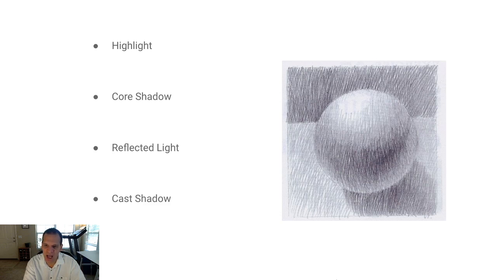That core shadow is that black area, and pretty much everything around you has a core shadow. When you create it, you add that three-dimensional form. Underneath that core shadow, you have reflected light, which is what it sounds like: the light reflecting from the surface. Then underneath the object itself, you have a cast shadow, and cast shadows can help us describe forms again, and they're usually really dark. You see the cast shadow here underneath the sphere.